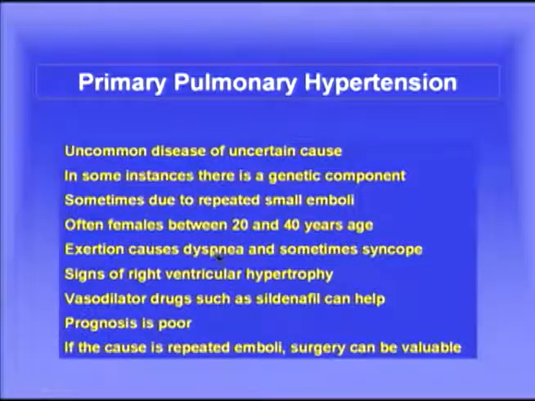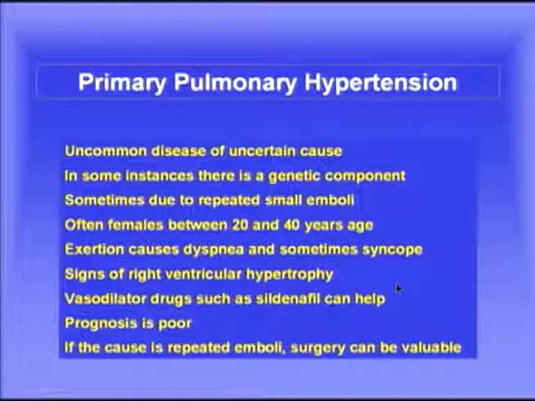You get dyspnea on exertion and sometimes syncope because the cardiac output is reduced. There are signs of right ventricular hypertrophy because of the hypertension, the increase in right heart. Sometimes vasodilator drugs such as sildenafil can help, and this is one of the reasons why there's so much interest in the disease at the moment, in spite of it being a rather uncommon disease.